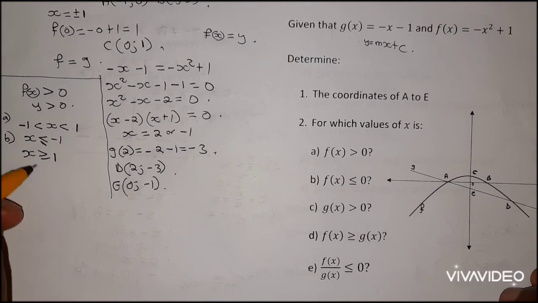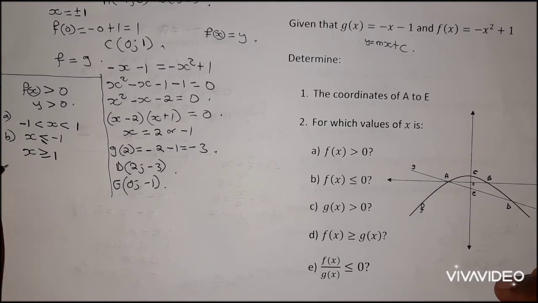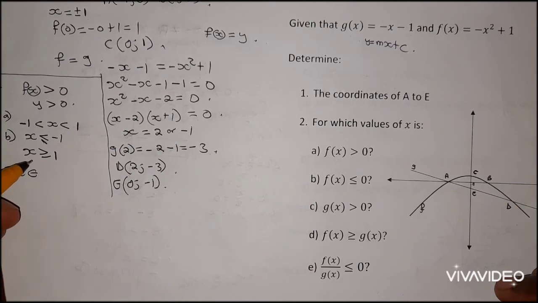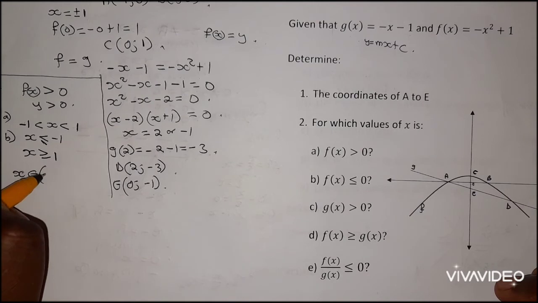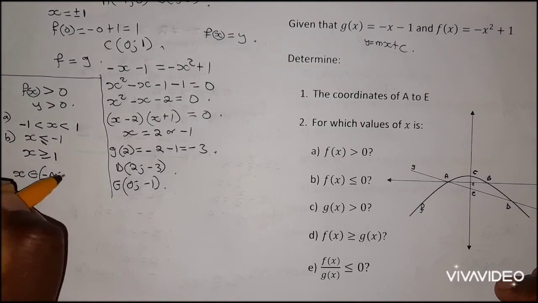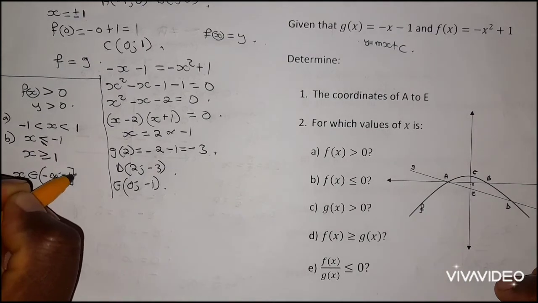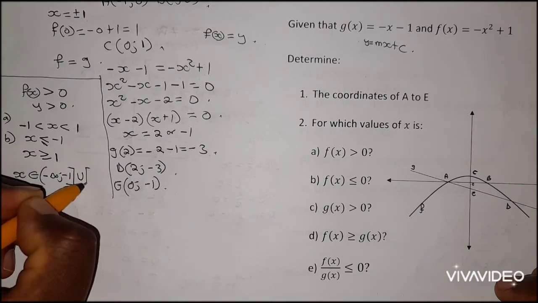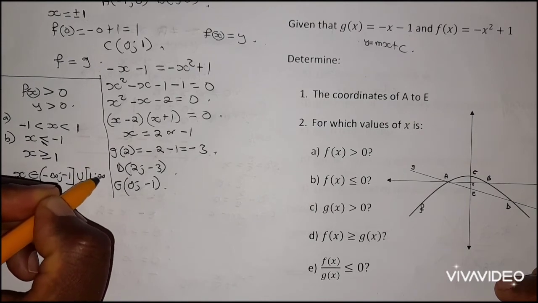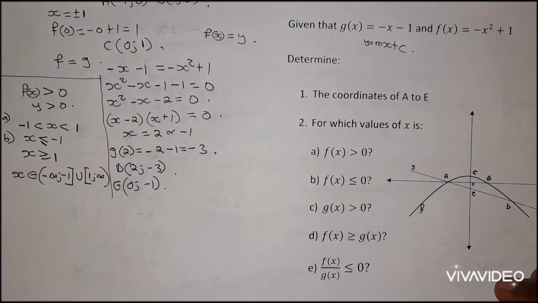We can put this together by saying x is an element of from -infinity to -1, and also from +1 going to +infinity.